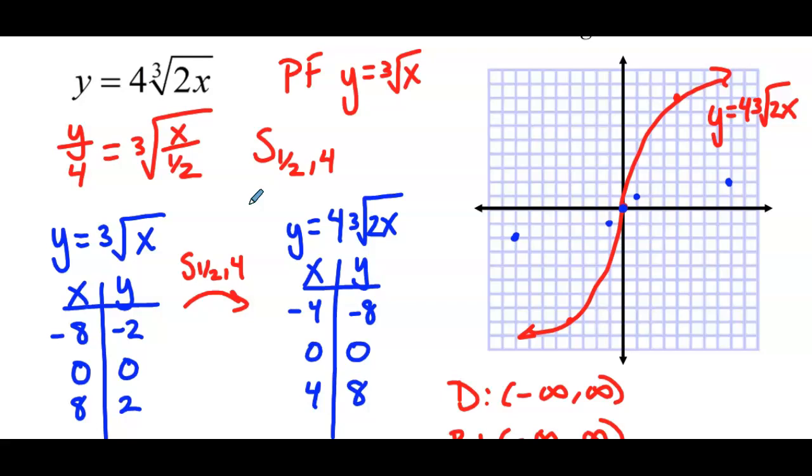The more that we pay attention to what our scale factor is, the better we can set up our table of values to make our life easier, right? That's the whole idea of transformations in general, trying to make our life easy to get this graph instead of just trying to plug in x equals 1, x equals 2, x equals 3, x equals 4. We could always do that for every graph. But can we do it in a better way?